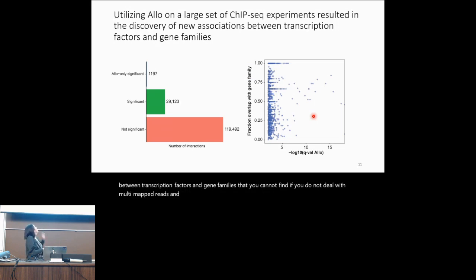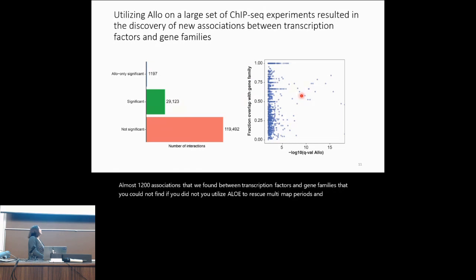So this is 130 different transcription factors in GM12878. As you can see, a majority of the associations are not significant, which you would expect. And you do get a lot of significant ones just using uniquely mapped reads. But there were almost 1,200 associations that we found between transcription factors and gene families that you could not find if you did not utilize Allo to rescue multi-mapped reads.